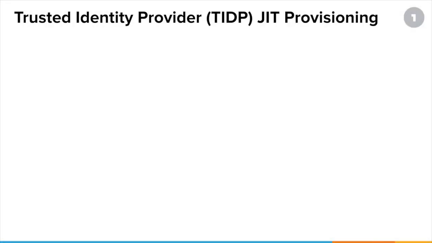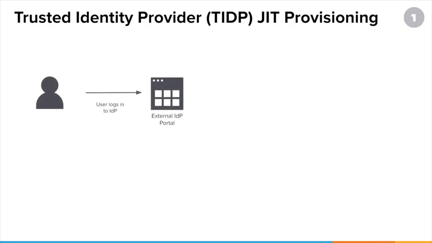Also, don't forget about Trusted Identity Provider and its just-in-time provisioning option. In order for it to work, users would have to be created in whatever that external IDP is, say like Google Directory. Then you need to configure OneLogin to trust that external IDP, meaning add the external IDP as what we call a Trusted Identity Provider. Once the TIDP has been configured, then the user will see something like maybe a tile that will connect it to OneLogin.